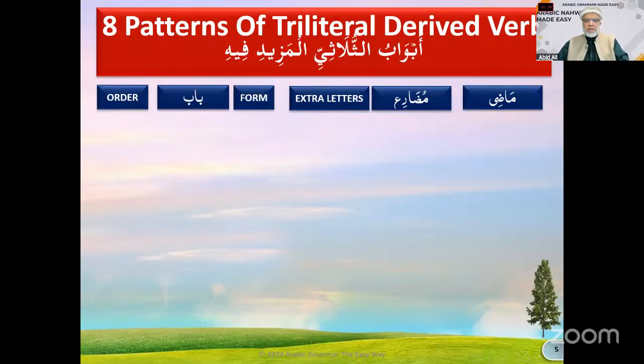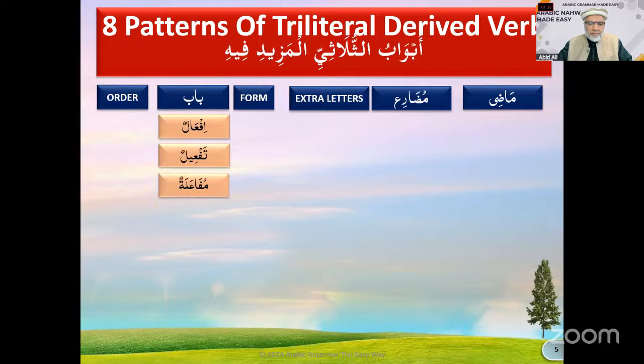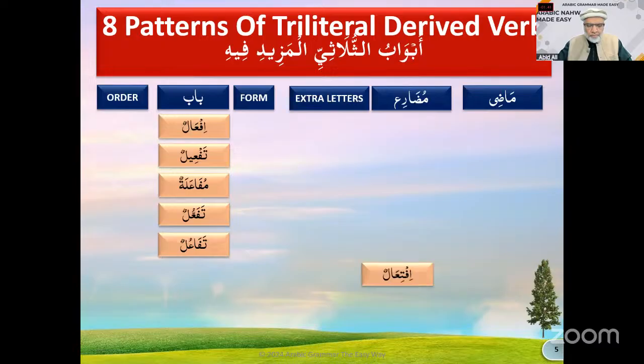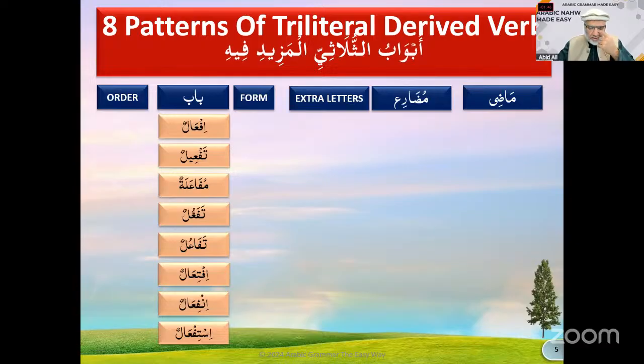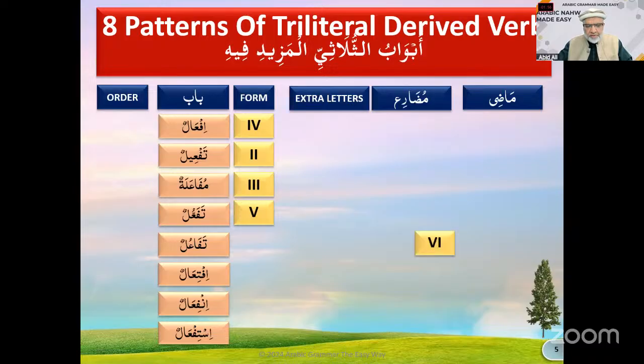So to make it easy, if I make this chart for you like this, Bab If'āl, Baab Tafeel, Mufa'ala, Tafa'ulun, Tafa'ulu, Ifti'alun, Infi'alun, and then Istif'alun. So this is form 4, this is form 2, this is form 3, this is form 5, this is form 6, and this is form 8, this is 7, and this is 10.